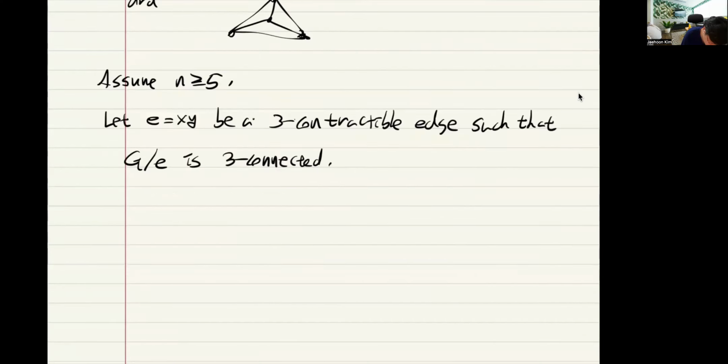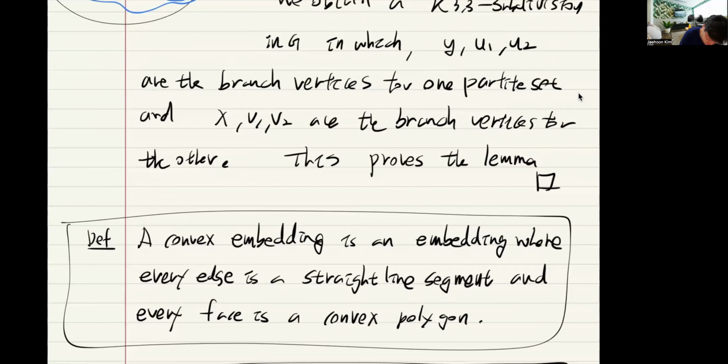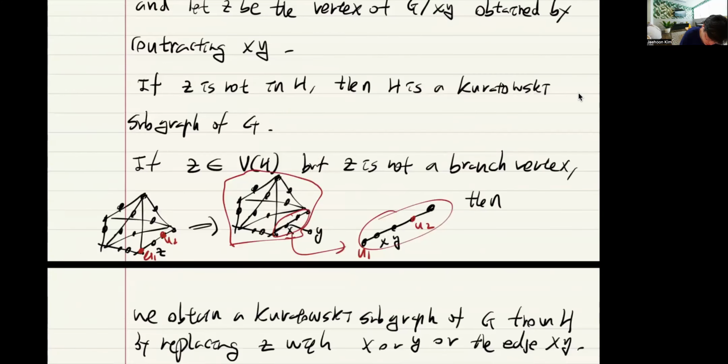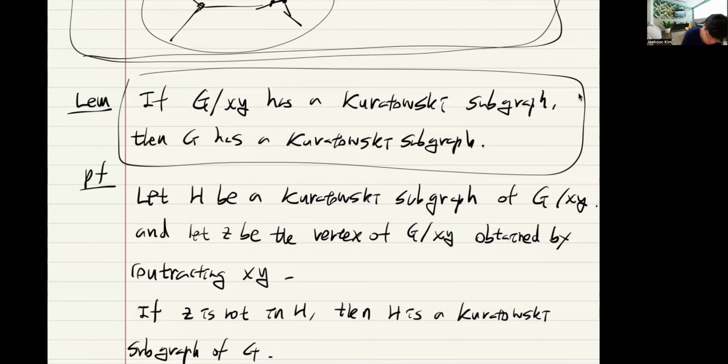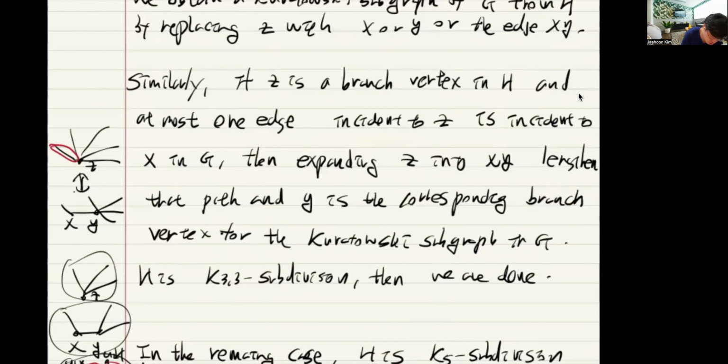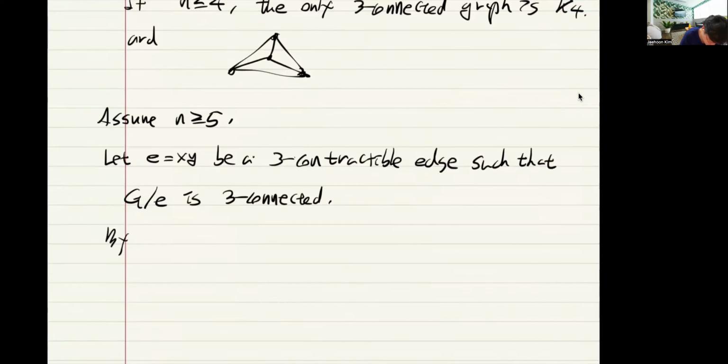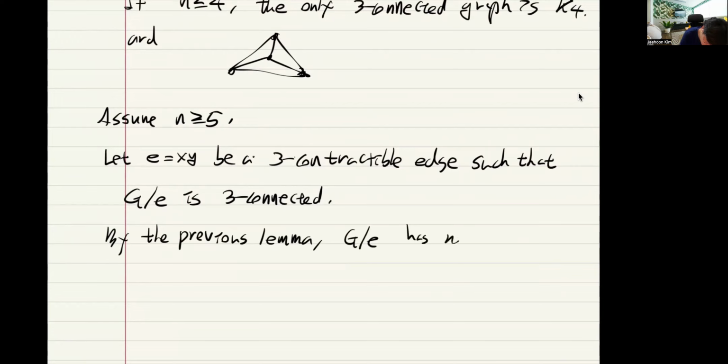Then by the previous lemma, if G has no Kuratowski subgraph, then G contraction xy also has no Kuratowski subgraph. G contraction xy has no Kuratowski subgraph.